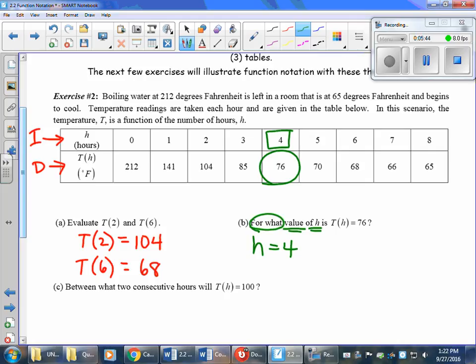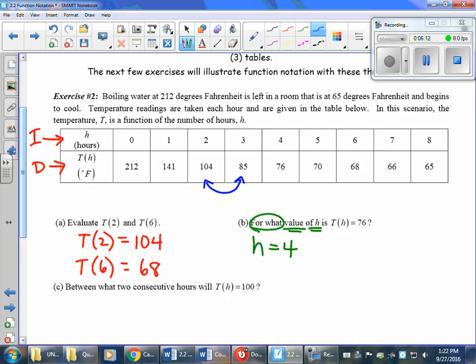C says, between what two consecutive hours will T of h equal 100? 100 is not here in the T of h column, but you can see that it falls between these two numbers, between 85 and 104.